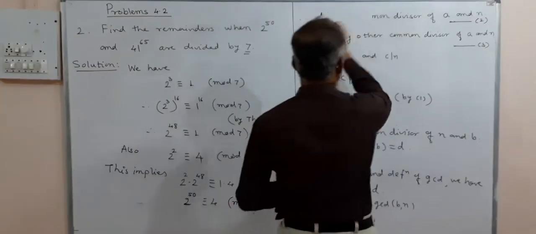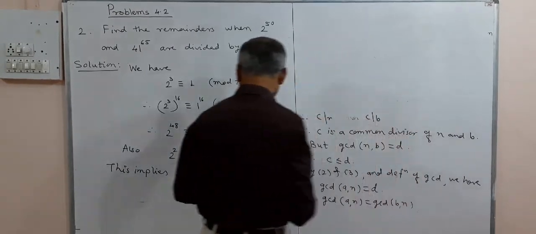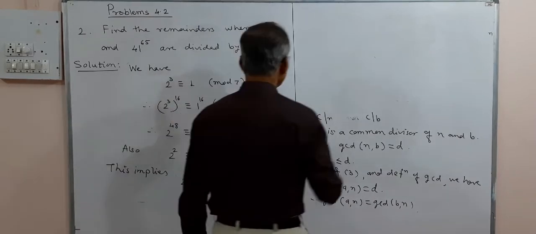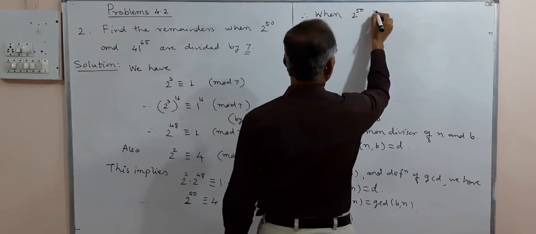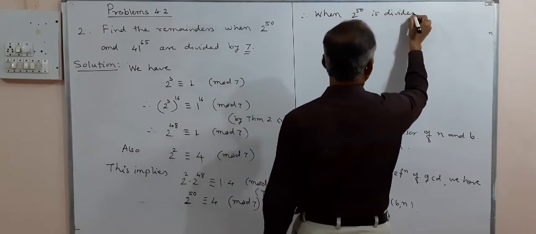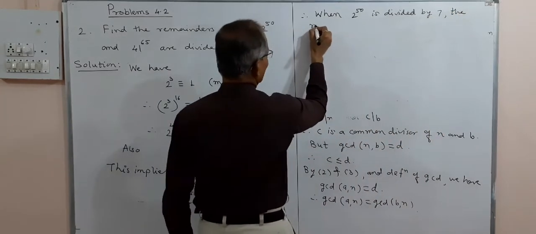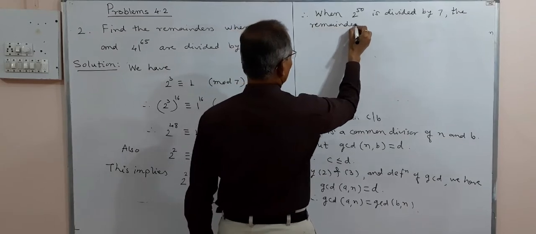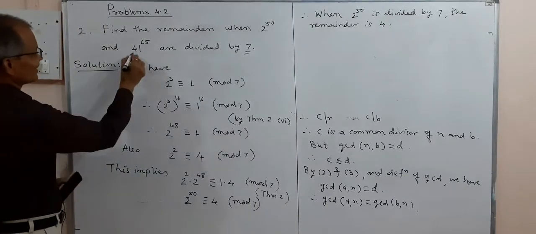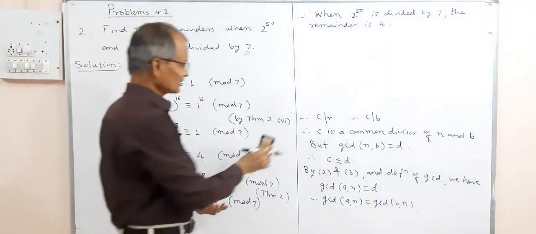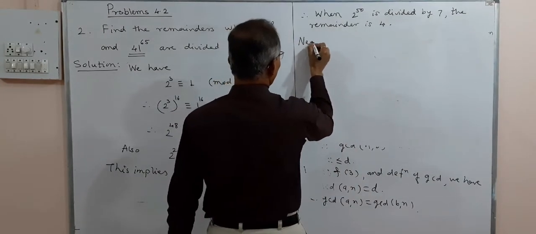So by definition of congruence, when 2 to the power 50 is divided by 7, the remainder is 4.